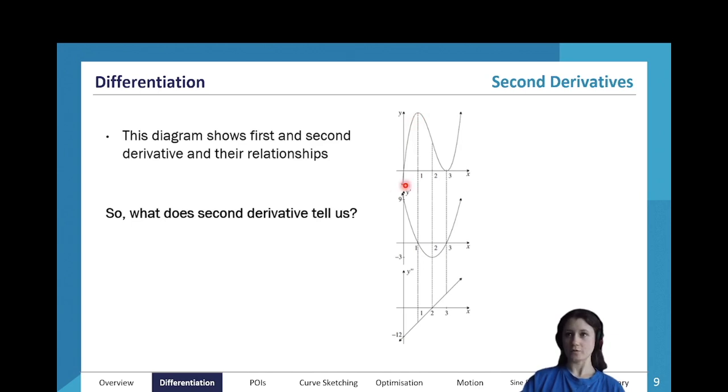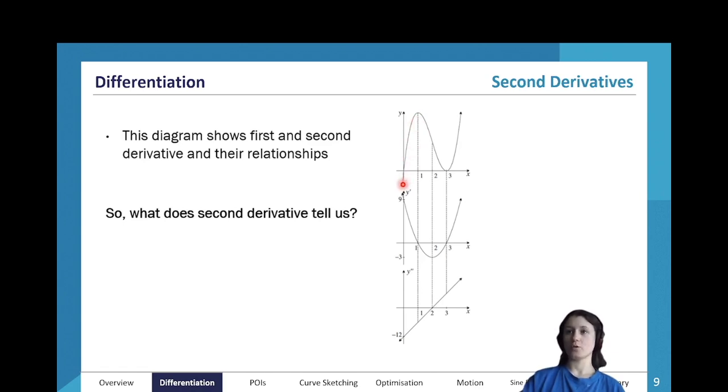So for this entire bit, the gradient was just getting flatter this whole time. So the gradient was actually decreasing, even though it's positive, it's getting flatter.